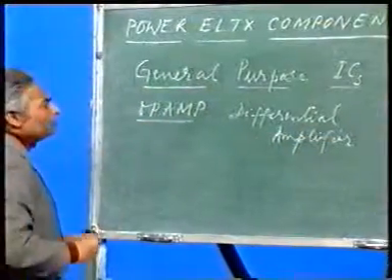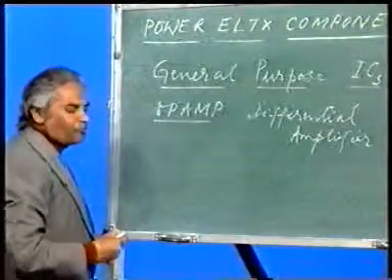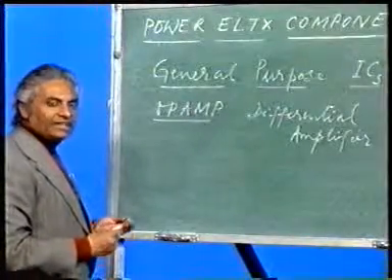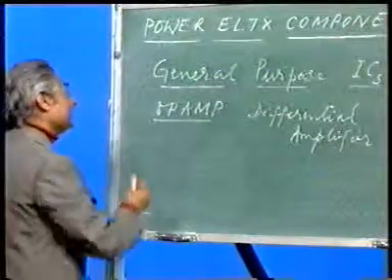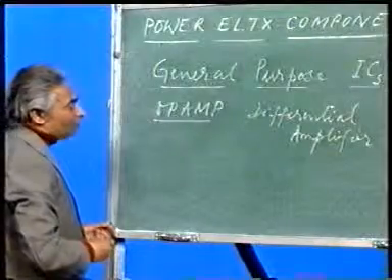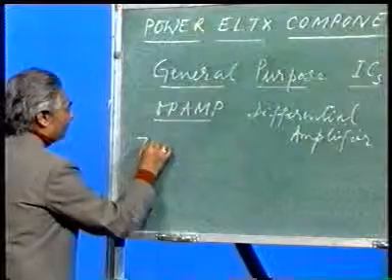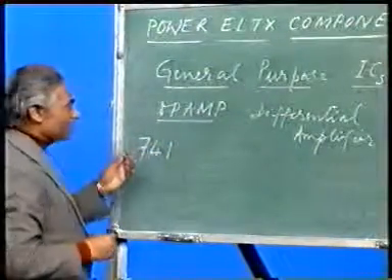The device is used for many functions, and as the name indicates, it can perform many operations such as addition, subtraction, integration, differentiation, and so on. That is why it is a general purpose op amp device. Generally in the market we have the IC number 741, which is very commonly used as an op amp.